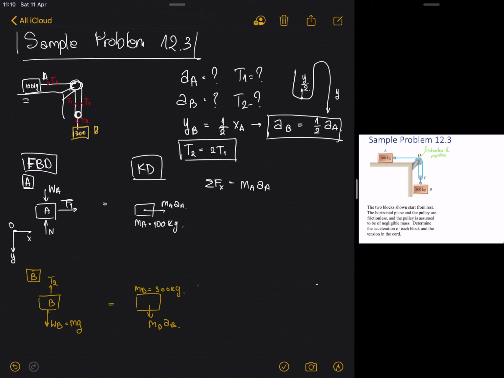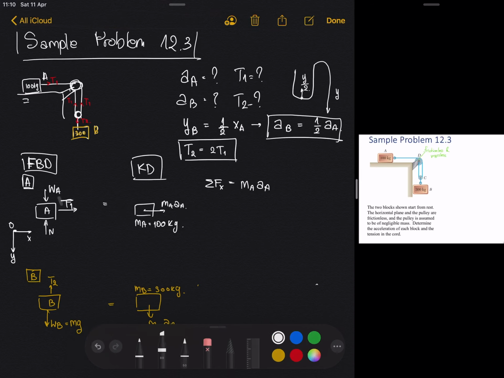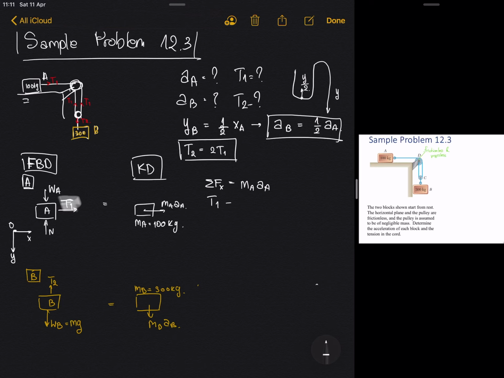So Fx is equal to what? We have only this. Means we have T1 equal to 100 kilograms times the acceleration of A.